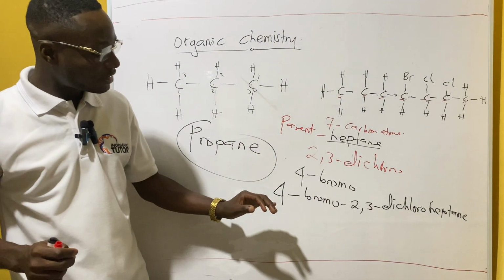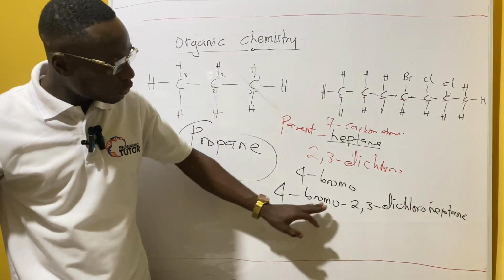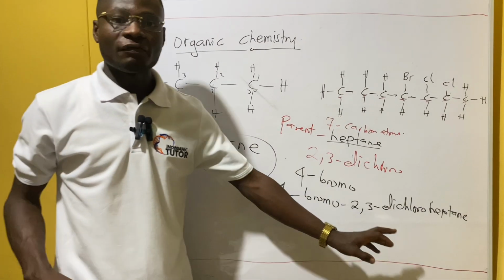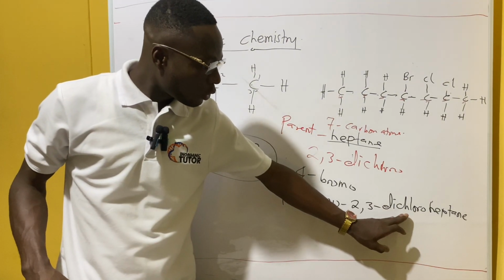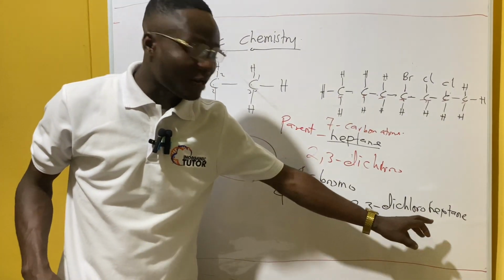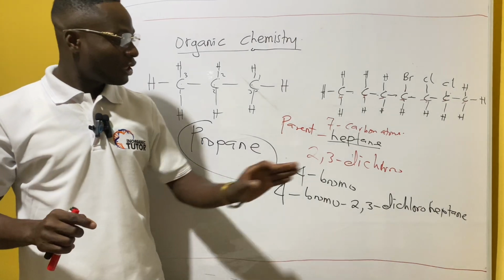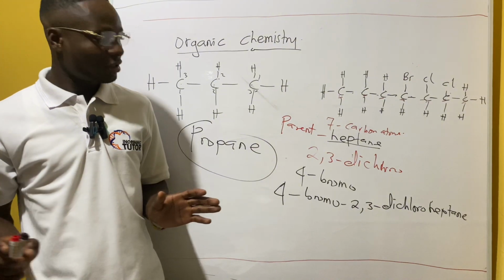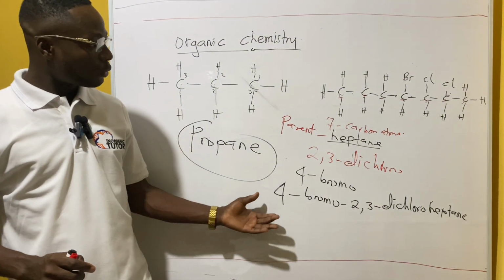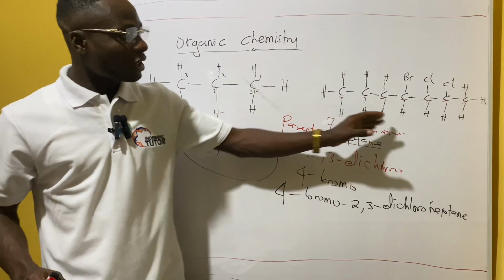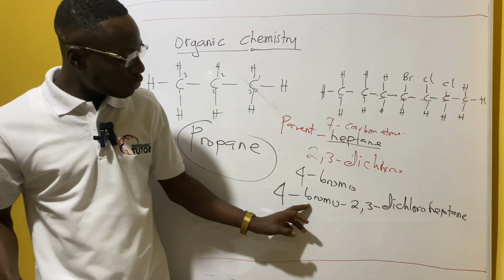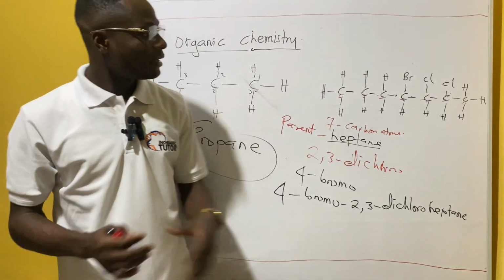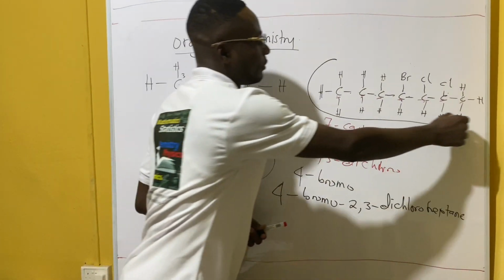So this right here, we can see that we have 4-bromo-2,3-dichloroheptane. Don't go and separate letter and letter with anything. Between letter and letter, we don't use anything, just write it continuously like that. So the name of this structure right here is 4-bromo-2,3-dichloroheptane, and that is what we have right here.